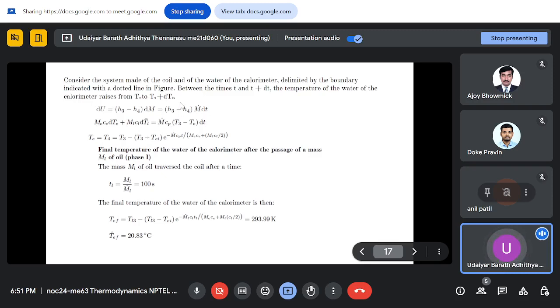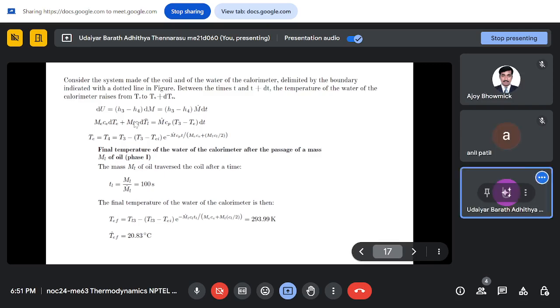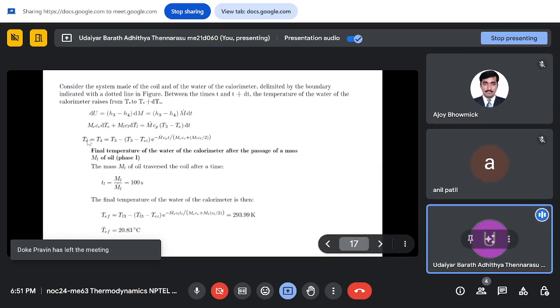This will be equal to this change in enthalpy. So from this we can find out the temperature TE, which is equal to T4. So we can divide it by m dot, C_w and C_L, and we can find out the simplified expression for TE.